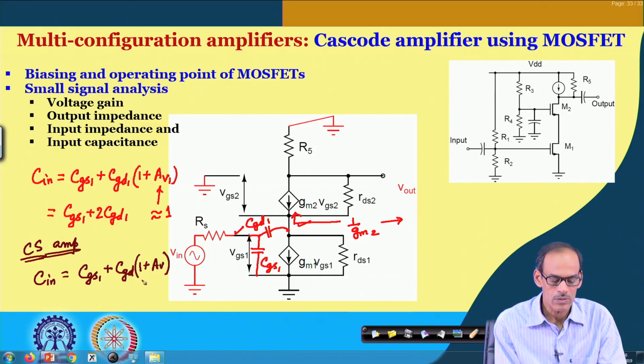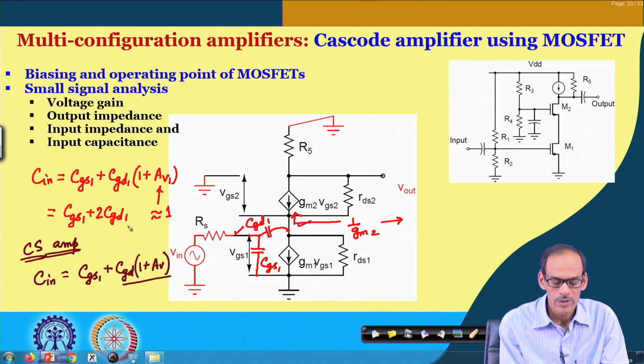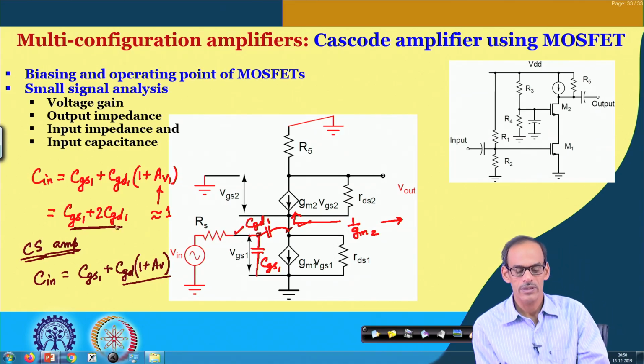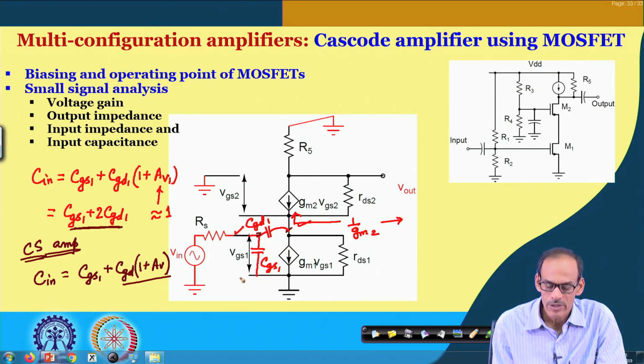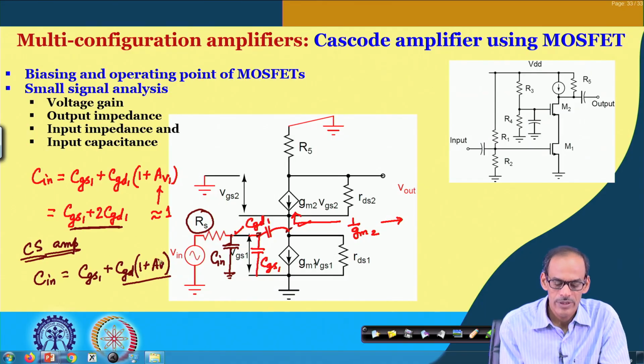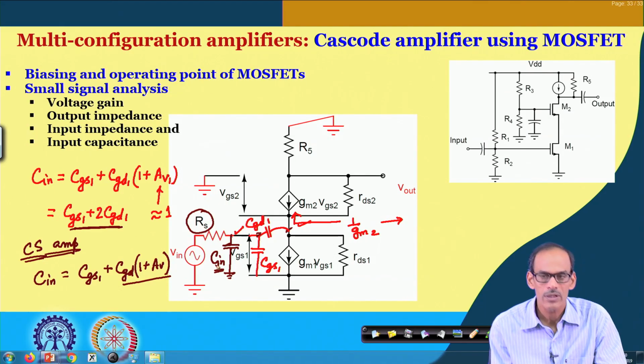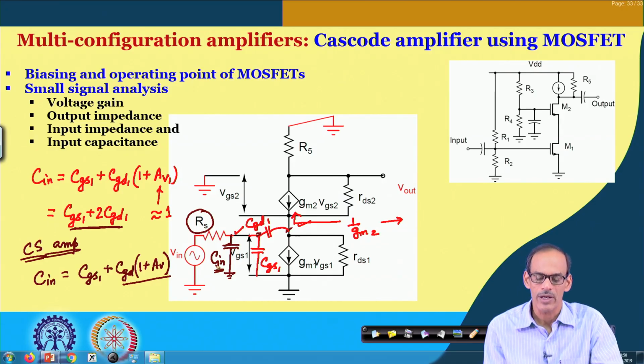Because of the reduction of the voltage gain here, the input capacitance gets reduced. What is its consequence? If the bandwidth of the whole system is defined by this R_s and the input capacitance at this node, then reducing this C_in helps us to extend the bandwidth.